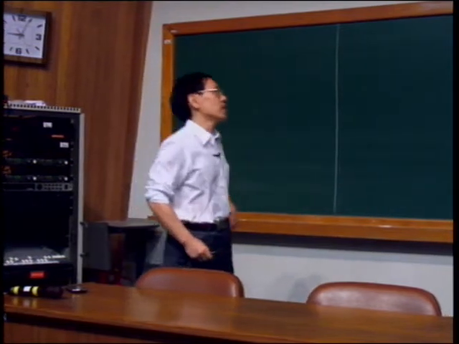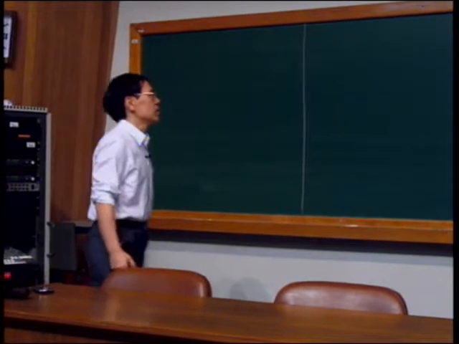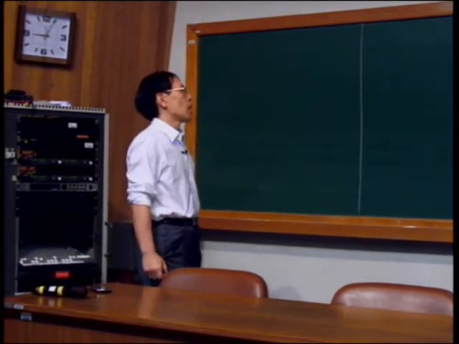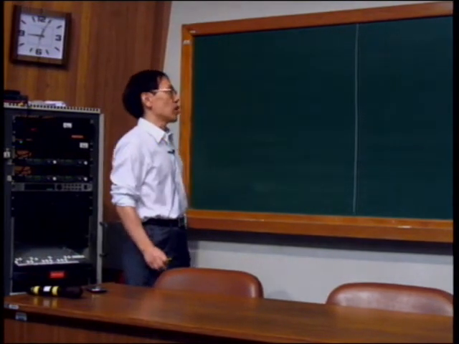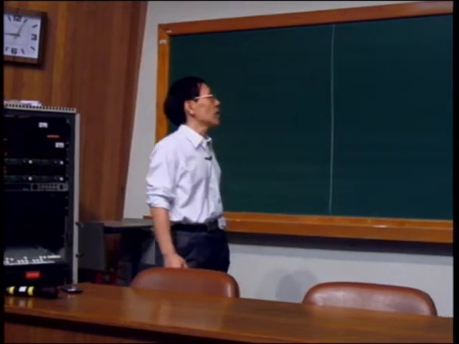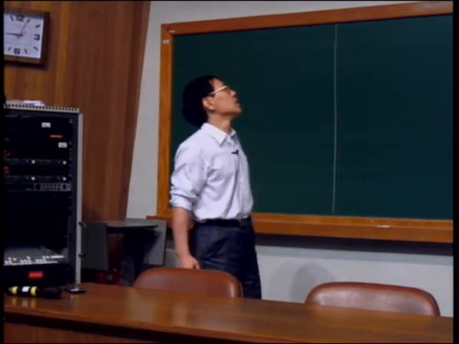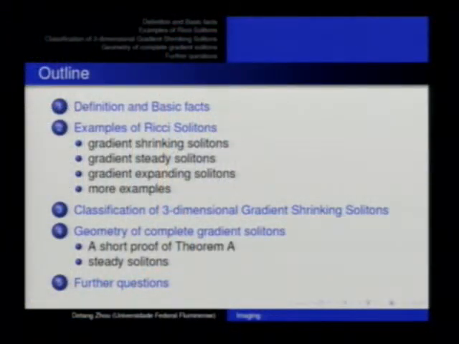Then I will go to the high-dimensional case for the classification of gradient solitons, especially shrinking and steady. If I have time, I will give a small part of the proof of the theorem in section 3. In the final part, if I have time, I will talk about some further questions.